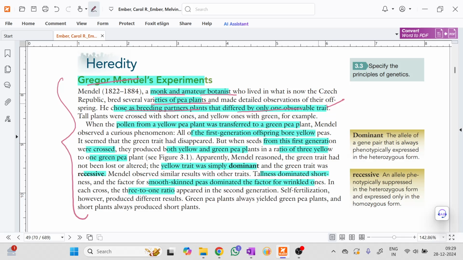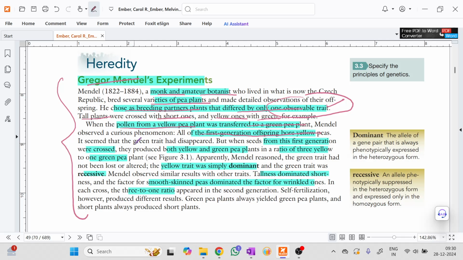So observable traits are those traits which can be distinguished by their appearance, such as when he bred tall plants with short ones and yellow with green ones. When the pollen from a yellow plant was transferred to a green plant, Mendel observed that all of the first generation bore yellow peas.